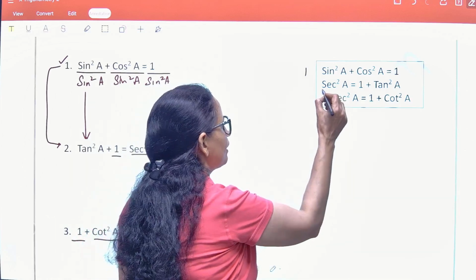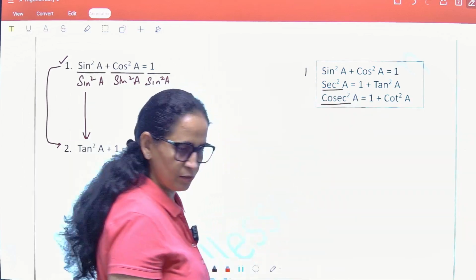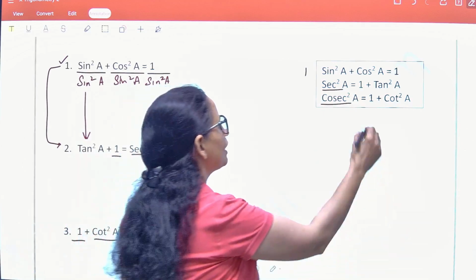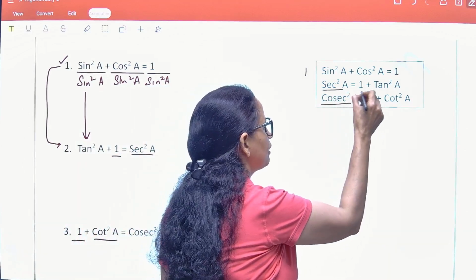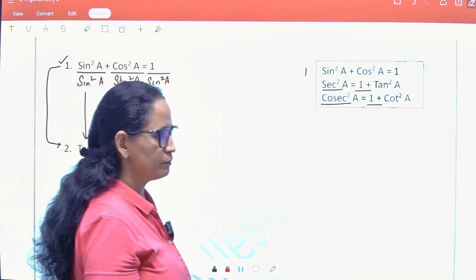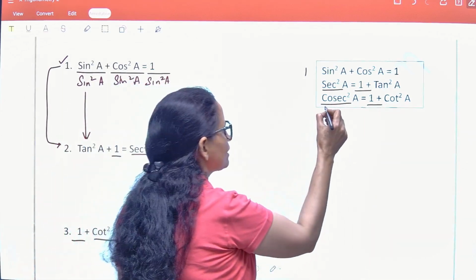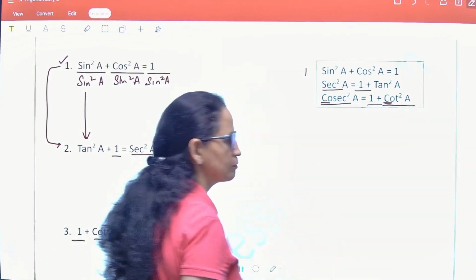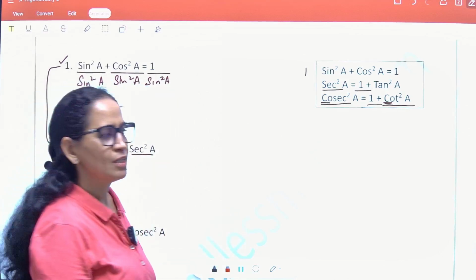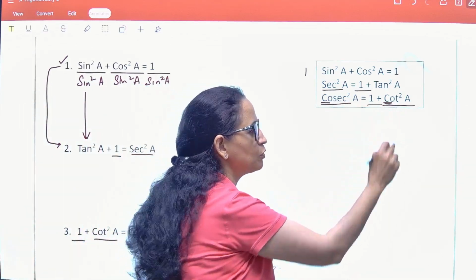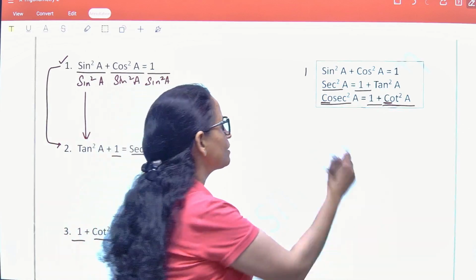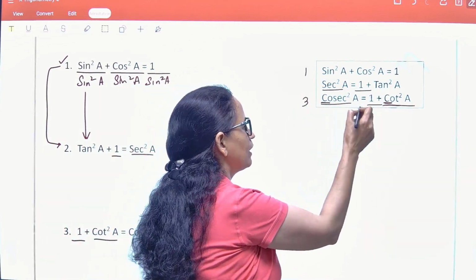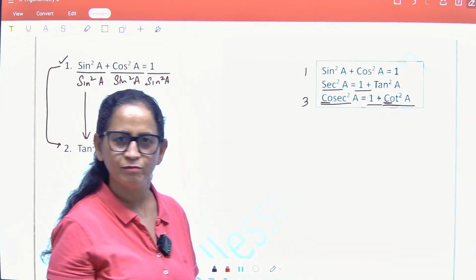On the left side we have secant and cosecant, right? On the right side of the second and third identity we have 1 plus, 1 plus. Now cosec square A is connected to cot square A. Both have co in the beginning. So the third identity is cosec square A equals 1 plus cot square A. Learned?